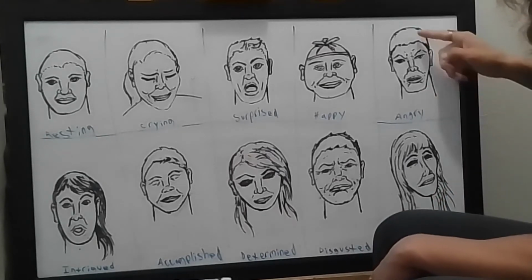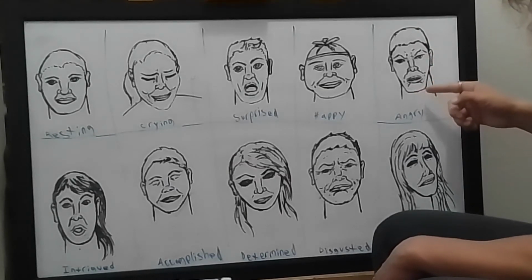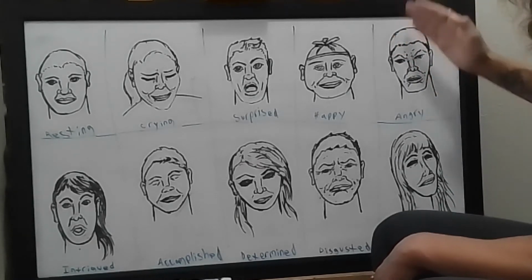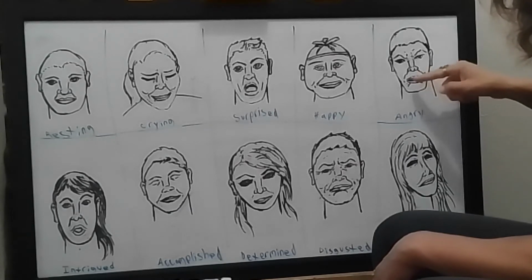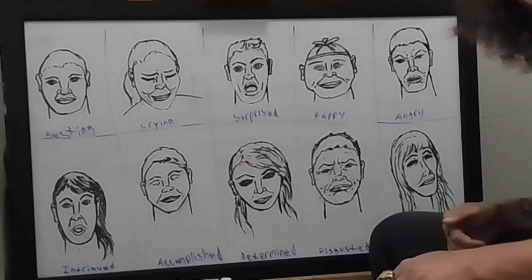So this person has a diamond shaped face here, which is kind of like a triangle face except with a tapered forehead, like that. And you can see with the mouth here, this person is gritting their teeth like this.